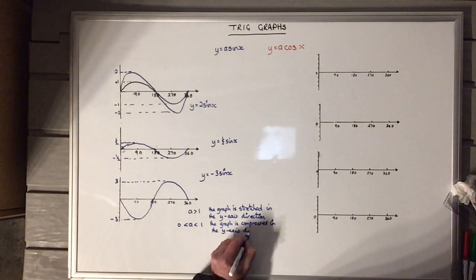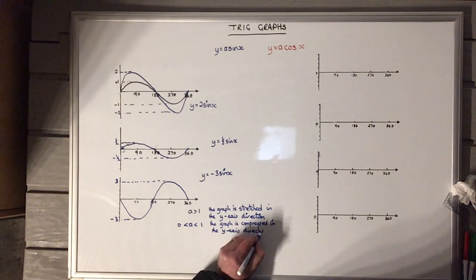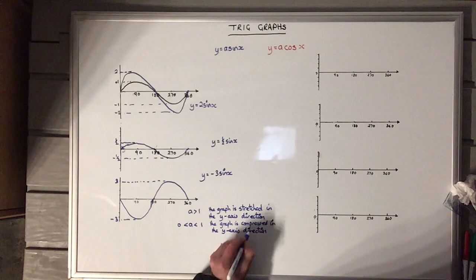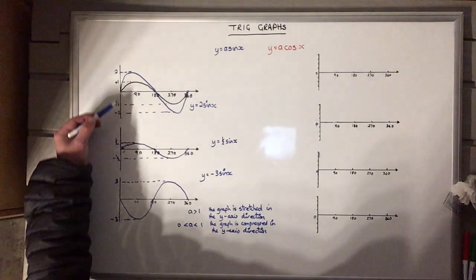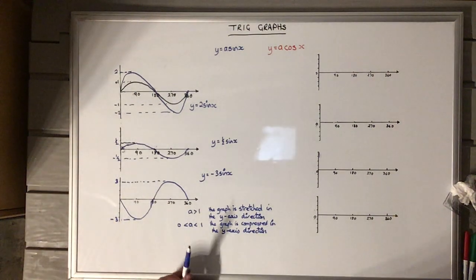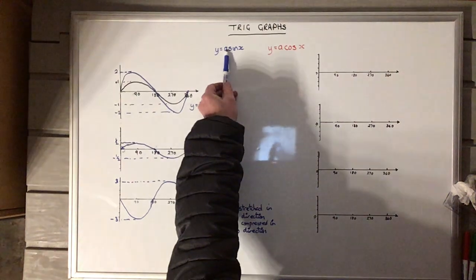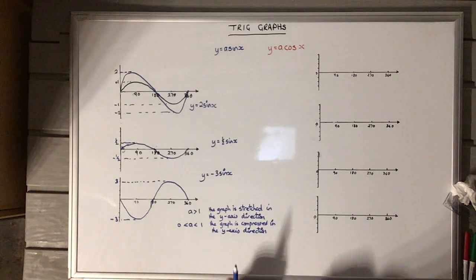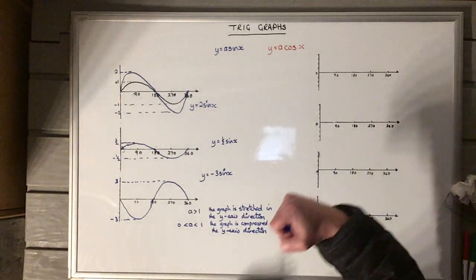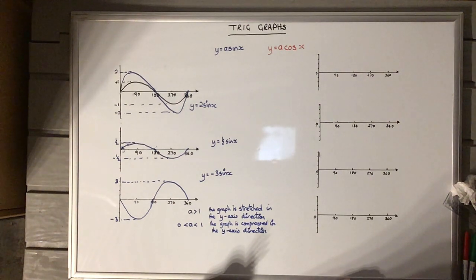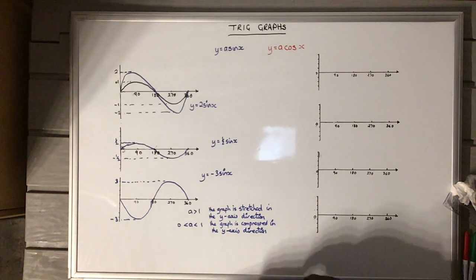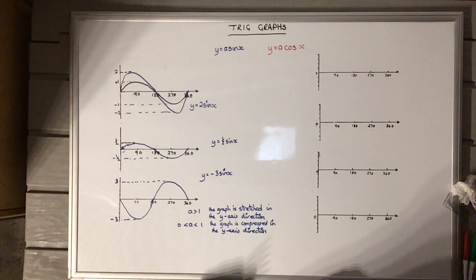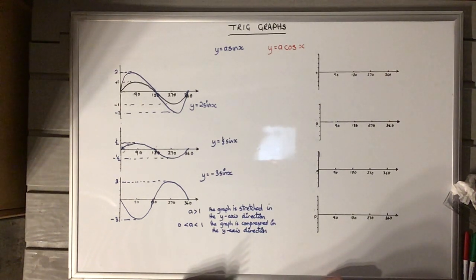So hopefully that's quite easy to see there. I've only done a couple of examples, but you get the idea. So the a affects the vertical height, or the y direction, and if it's greater than 1, it stretches it and it gets bigger. If it's between 0 and 1, then it compresses it and it gets smaller.